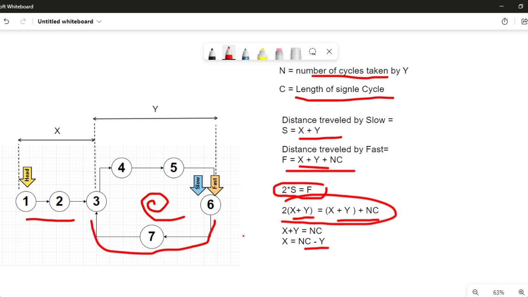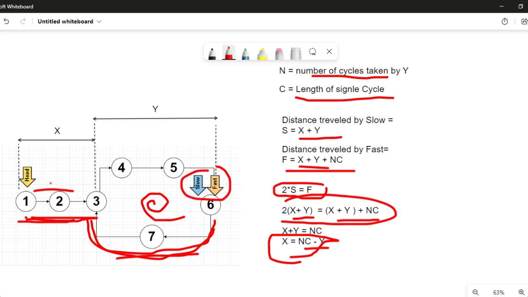So basically here we have proved that if we subtract y from the length of the cycle, what remains is equal to x. Hence, this length is equal to this length. So that is the intuition behind why, whenever these two meet, the length here and the length here will be equal. I hope that makes the intuition very clear.